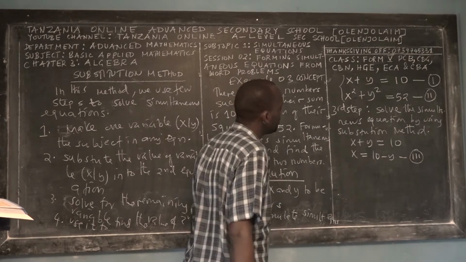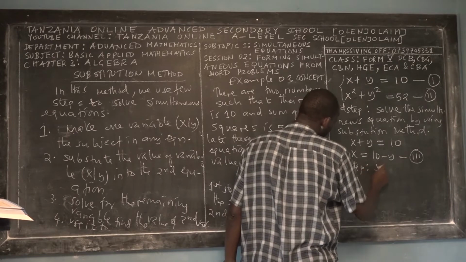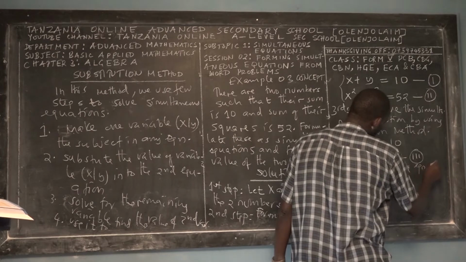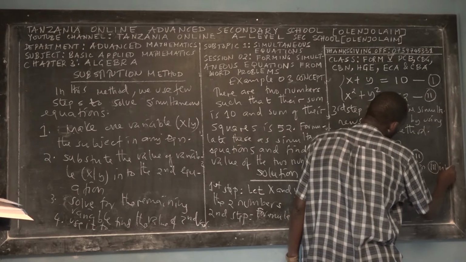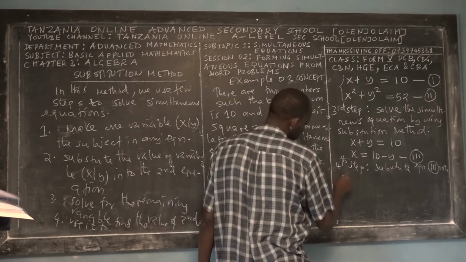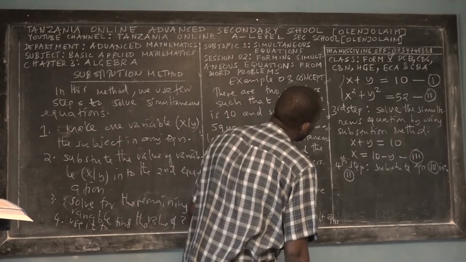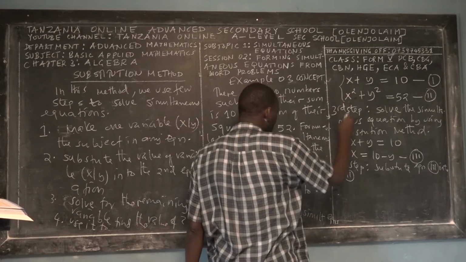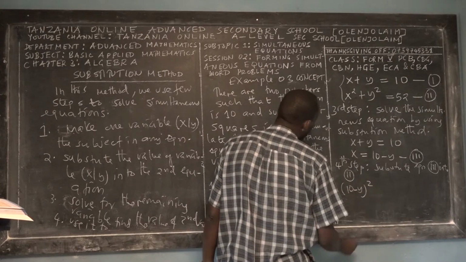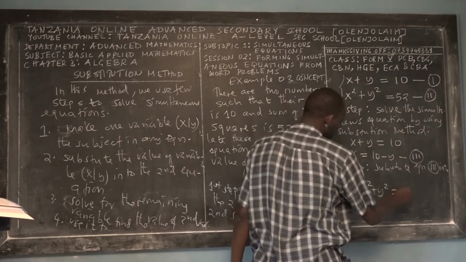So making x the subject, you go for the first step. Substitute equation 3 into equation 2. In the place where we have x squared, we introduce (10 minus y) squared plus y squared is equal to 52.